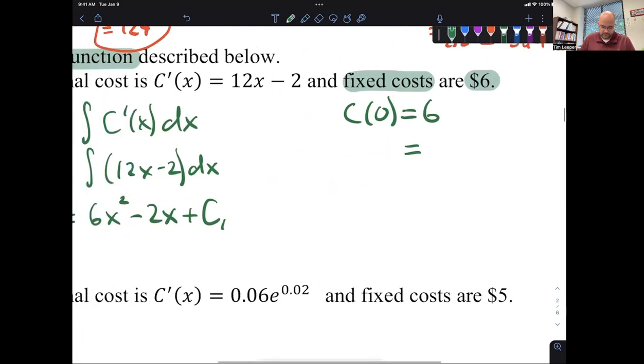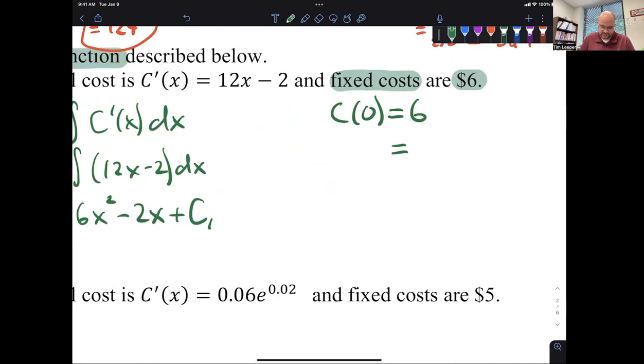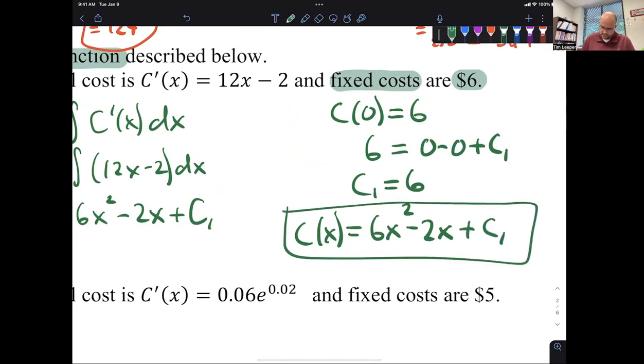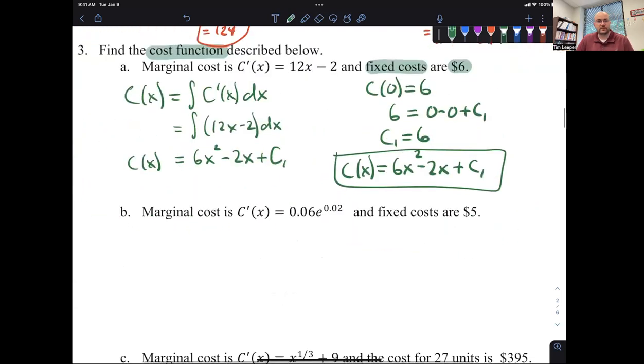Well, c of 0, if I plug in 0 for all the x's there, it gives me 0 minus 0 plus c1, and that has to be 6. And notice that c1 then is 6. So the overall cost function is 6x squared minus 2x plus c1. And there you go. That's A.